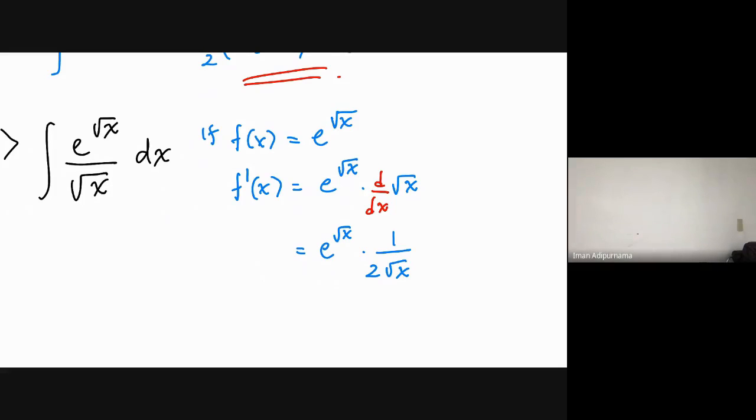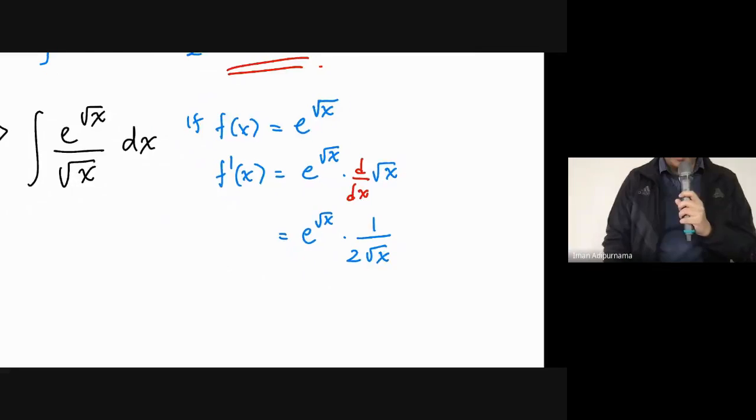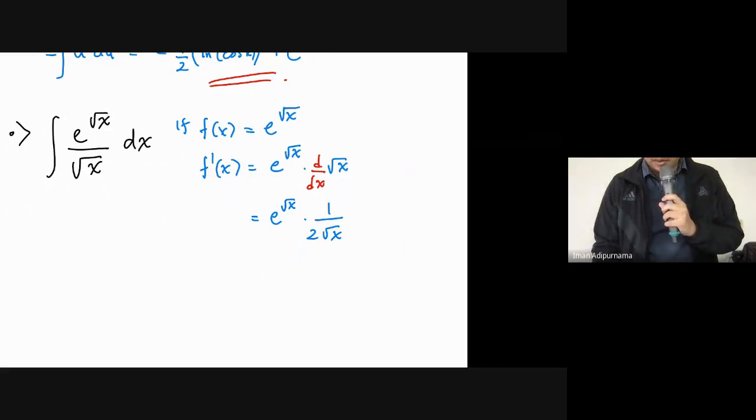So this form is similar to this, right? We can just multiply by 2, and it becomes our original function. Let me multiply by 2.